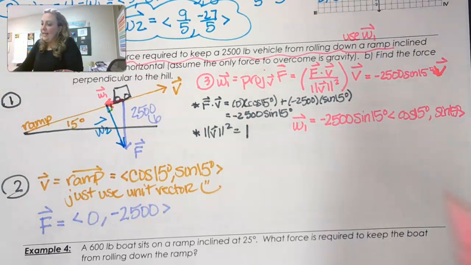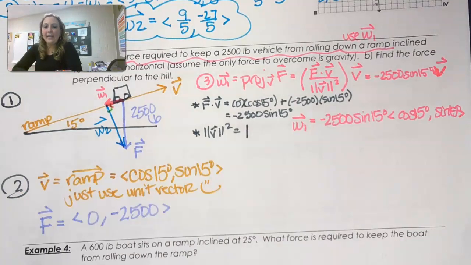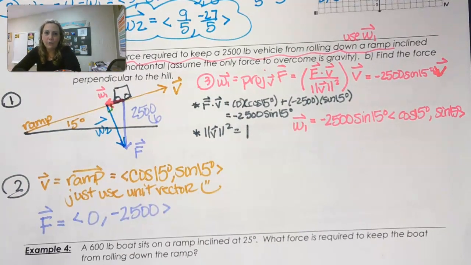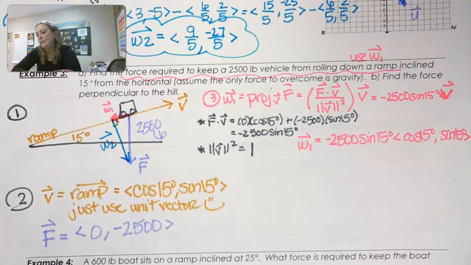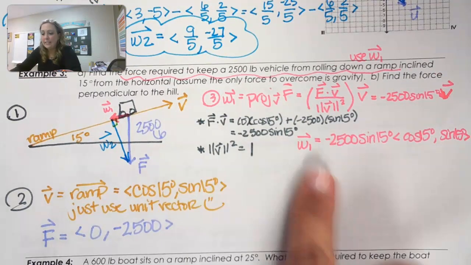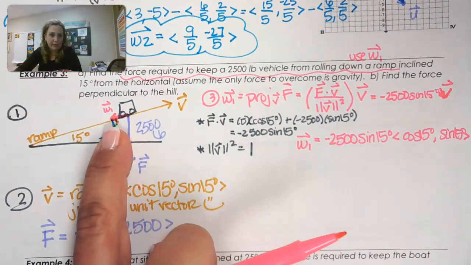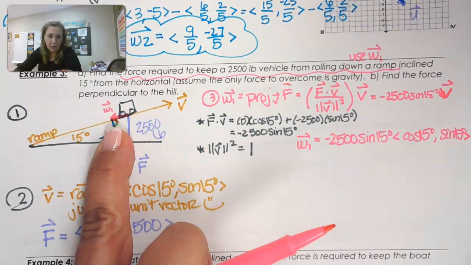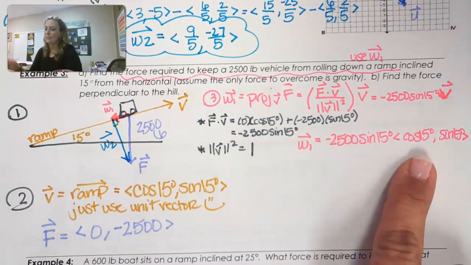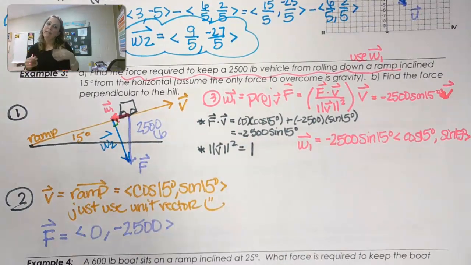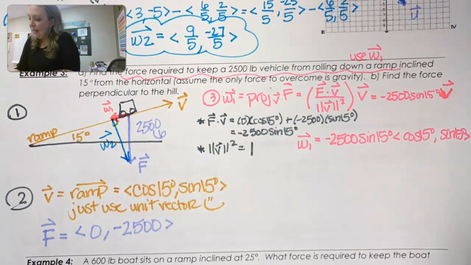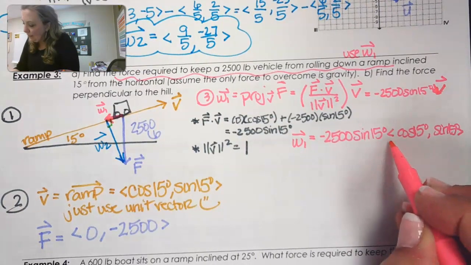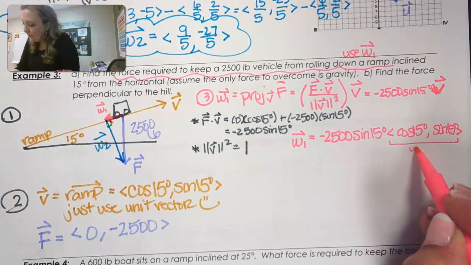Now the thing is that it wanted the force required to keep the vehicle from rolling down the hill. So this is the vector, so it gives us the appropriate direction once we apply that to the components. But we're really looking for the magnitude. Now remember that this is a unit vector right here.